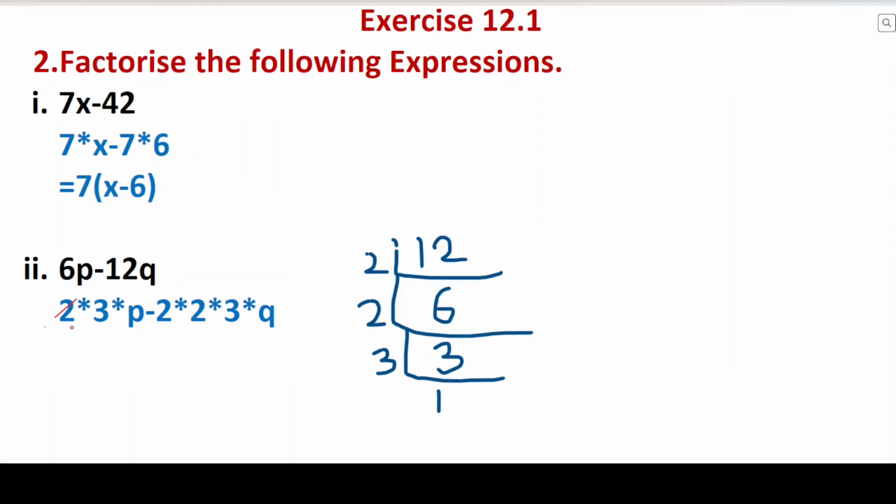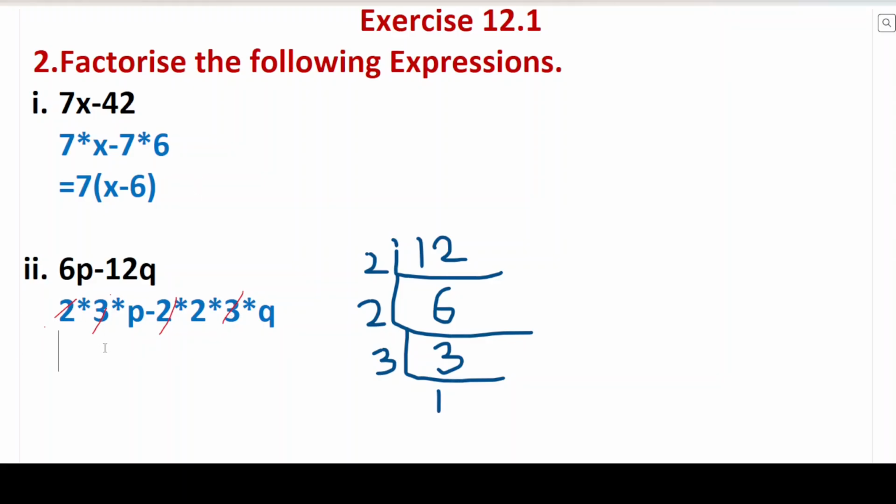Here, what are the common factors? 2 is the common factor here. 3 is also common. So 2 into 3 is the common factor in 6p and 12q.